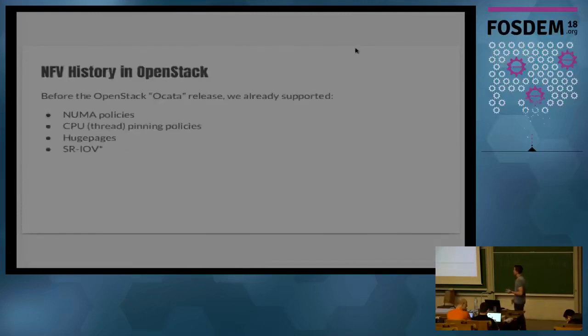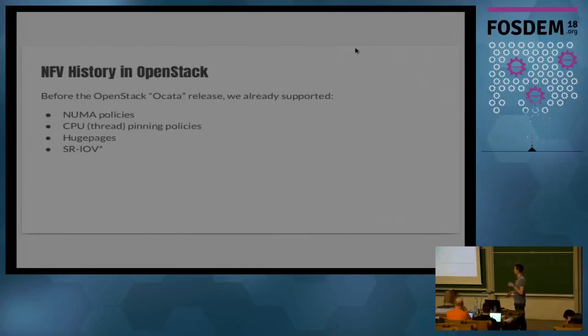So we've been working on fixing a few of these issues since before the Juno release, which was 3 or 4 years ago. We've implemented a couple of features during that time to close this performance gap with normal bare metal.